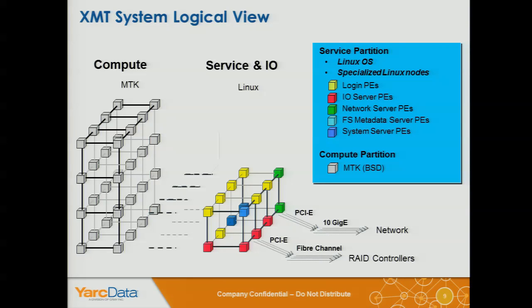Okay. This is a different way of looking at a diagram I made earlier. Here's a logical view with the two operating systems. MTK on all of the compute nodes. These are all ThreadStorm processors in Opteron sockets. Service and I/O nodes are all Linux.